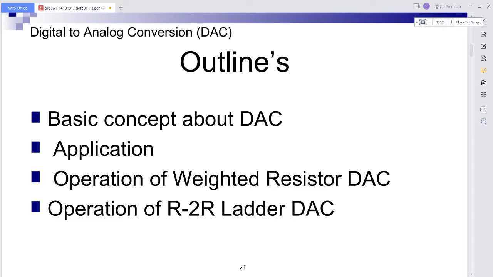By using data converters, we can convert the analog form of data into the digital form and the digital form into analog. So we have two types of data converters, analog to digital converters and digital to analog converters. Any digital system or digital communication must involve both of these converters.